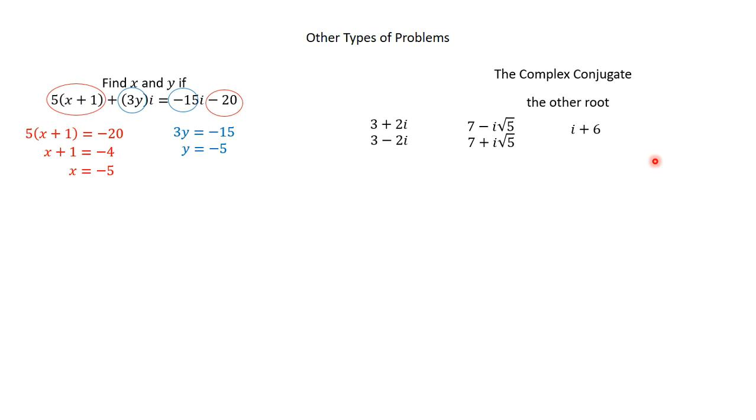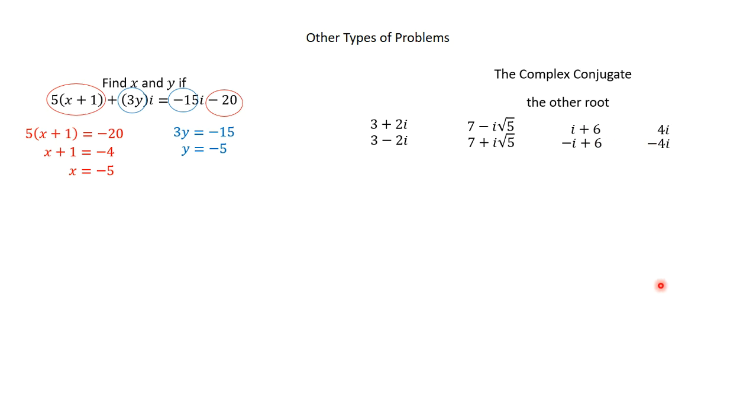And so i plus 6 is not i minus 6, it's negative i plus 6. Because think about it, this one could be written as 6 plus i, then it would be 6 minus i. That's this one. And how about if we just have 4i? The other root to 4i is just negative 4i. This would be 0 plus 4i, 0 minus 4i.